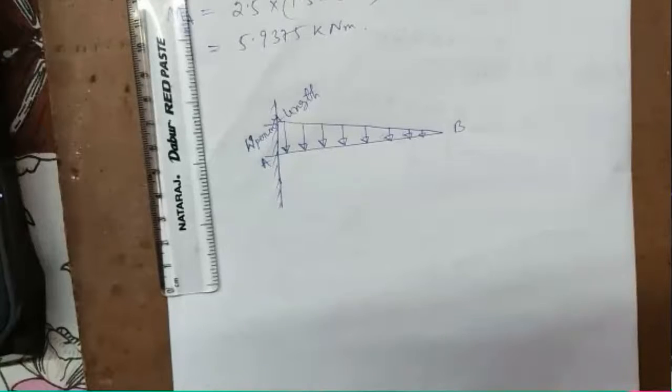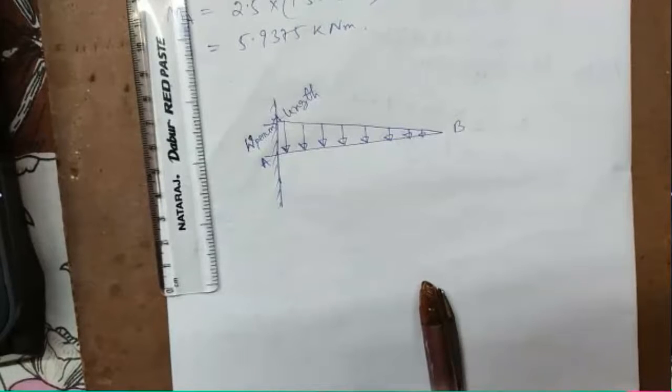So at end B, the rate of loading is 0, whereas at A the rate of loading is small w per unit length.